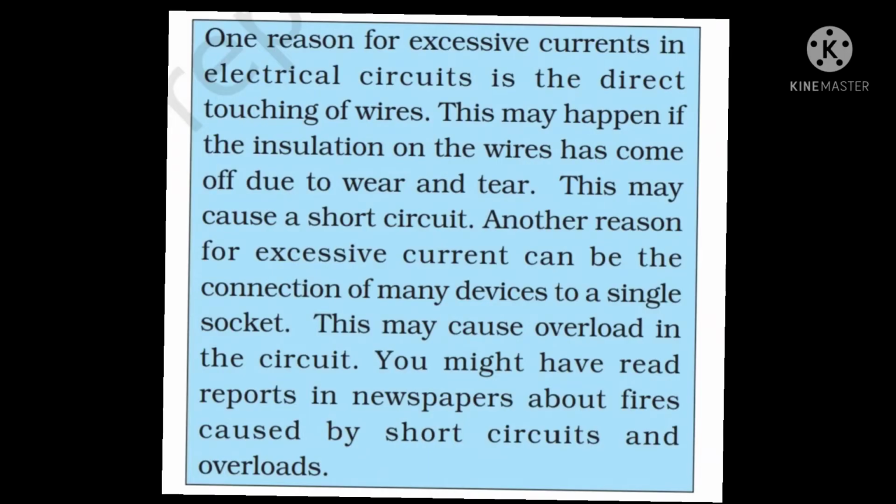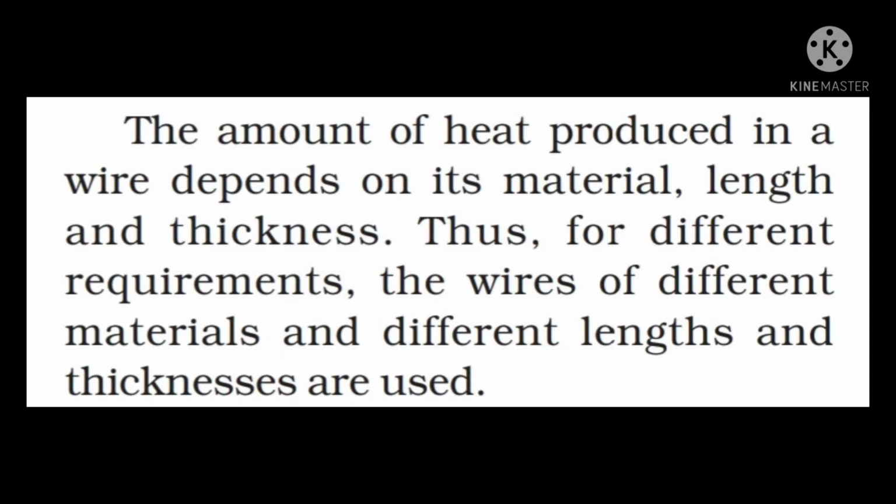The reasons for excessive current in electrical circuits are short circuiting and overloading. The amount of heat produced in a wire depends on its material, length and thickness. Thus, for different requirements, wires of different materials, lengths and thickness are used.